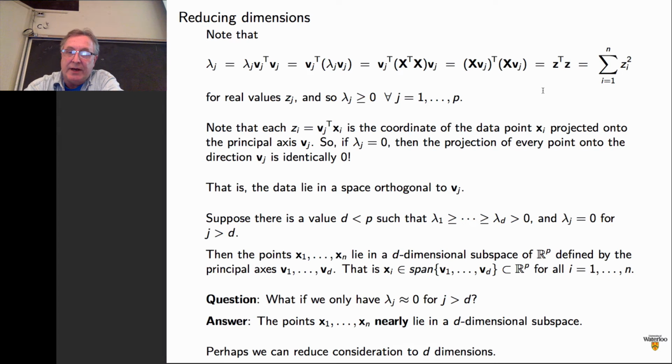So each zi here is projecting xi onto the direction vj in this choice. And when I do that and look at the sum of the squared lengths of those projections, just going to be that coordinate, I'm going to find that the sum of the squared projections add up to this lambda j.